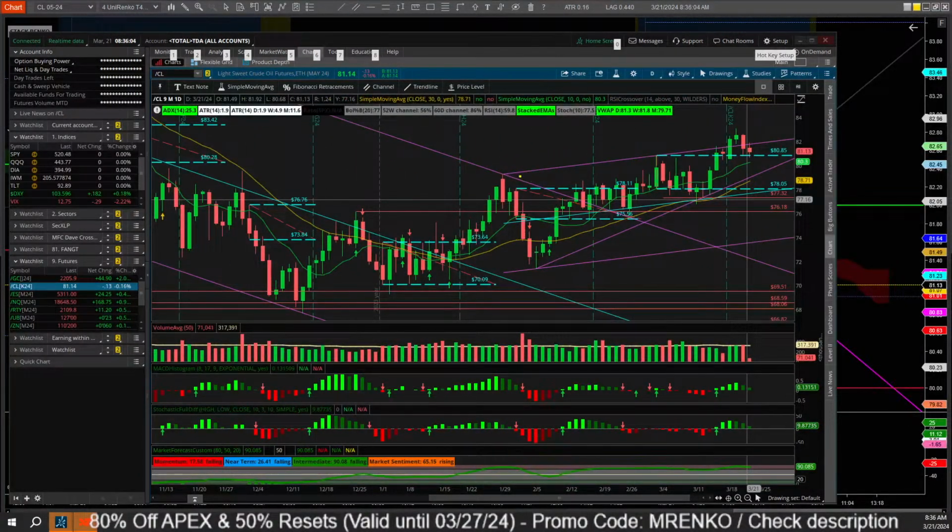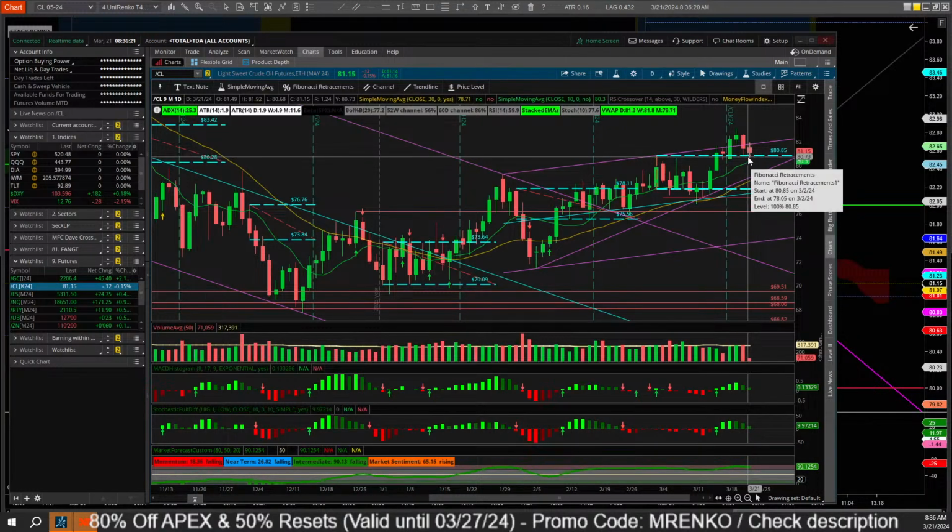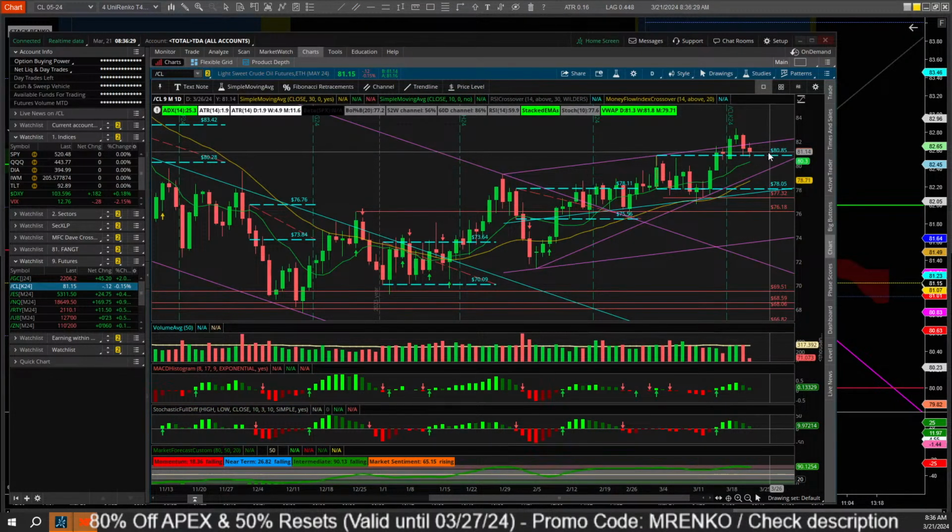So we are in the top of that diagonal here, and then we overshoot it and then came back. But now look at that, facing this 80.85, and then went to 80.60. What is it? The low is 80.68, and then overshoot it by just a little bit, and now it's coming back up.